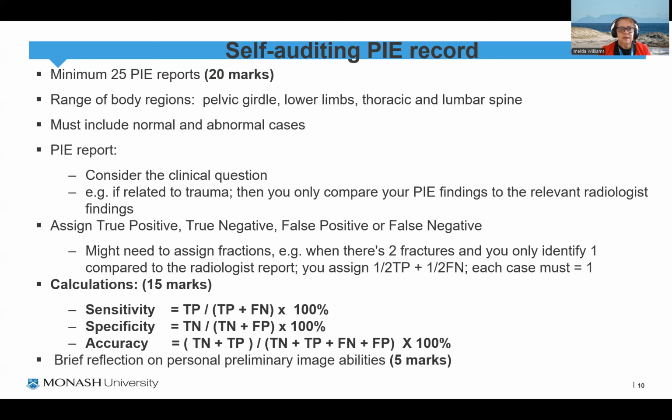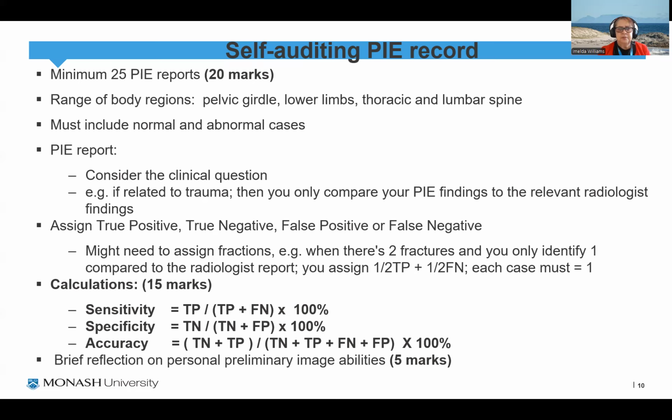So once you've done that, look at your PIE report and then assign. True positive would mean that you and the radiologist agree on all aspects of the abnormality. A true negative would be where you both agree that this is a normal case, and then false positive, so that's where you incorrectly identify positive findings, and then a false negative is where you indicate that this is normal and it's actually not.